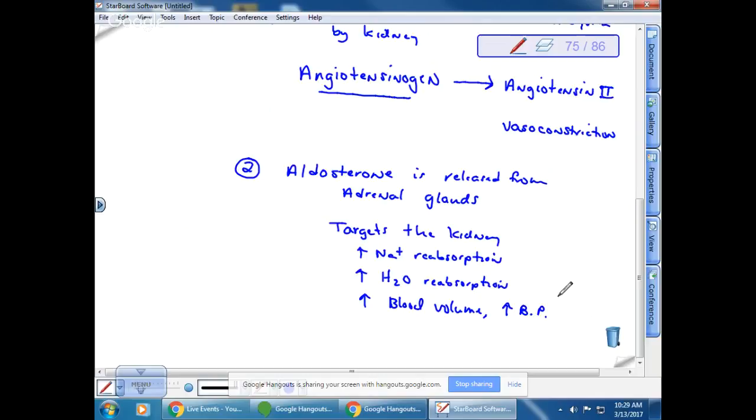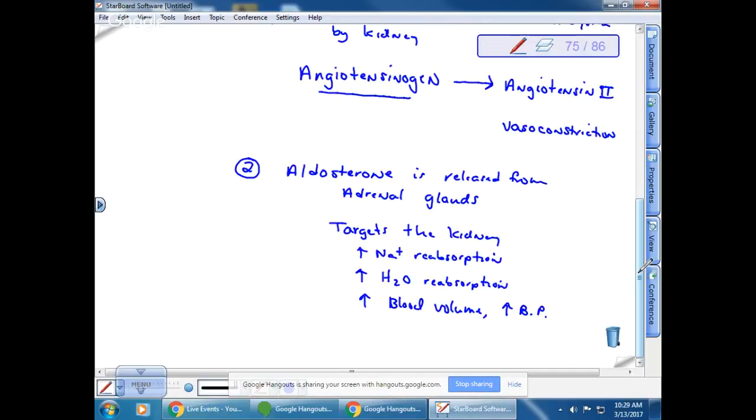So this is reabsorption from our urine that we're producing. So we can get rid of excess salts, we can reabsorb it, we can get rid of excess water, or we can reabsorb it. And reabsorption means that we take it from the filtrate and we return it to the blood, okay? So aldosterone is a hormone that helps to regulate blood pressure.